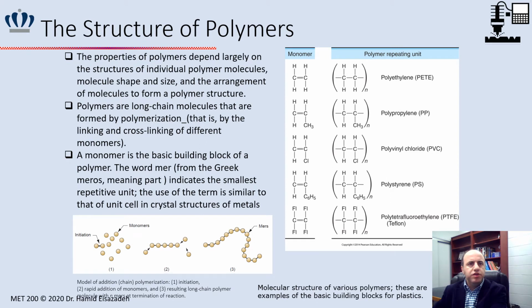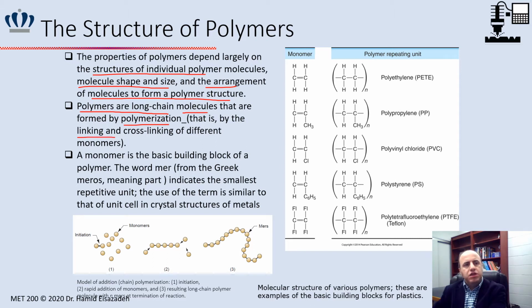The property of a polymer depends on the structure of the polymer molecule, the molecule shape and size, and the arrangement of molecules to form the polymer structure. Normally polymers are long-chain molecules, which are formed by polymerization. We have different types of polymerization.